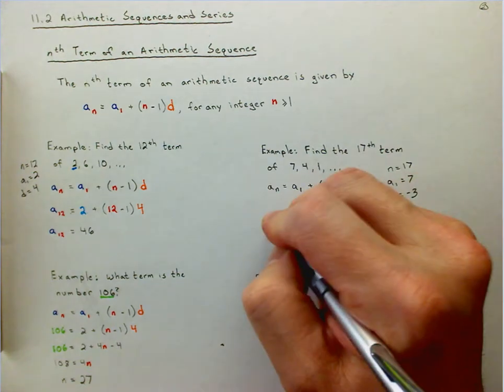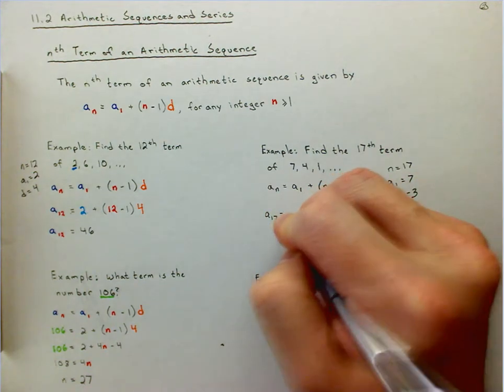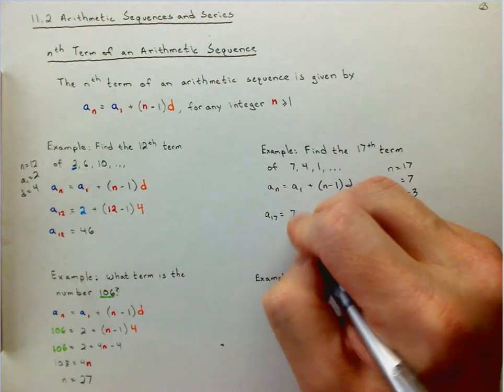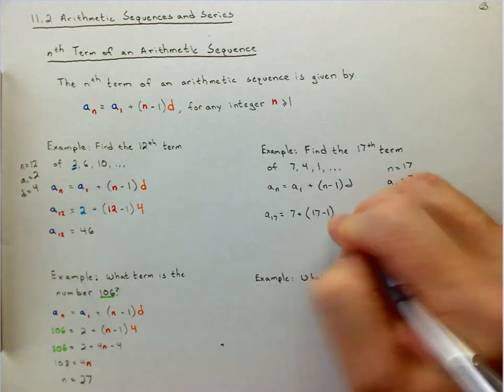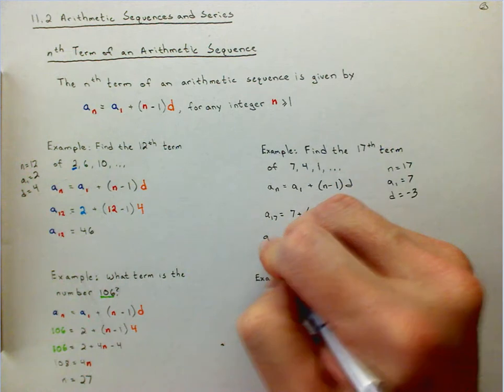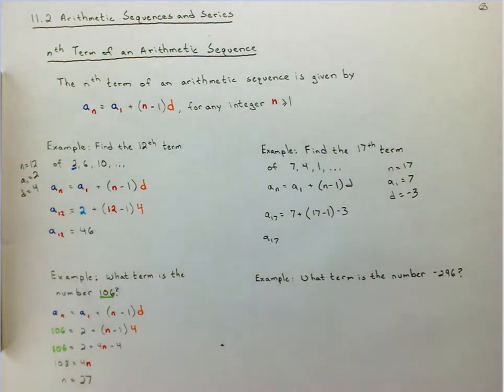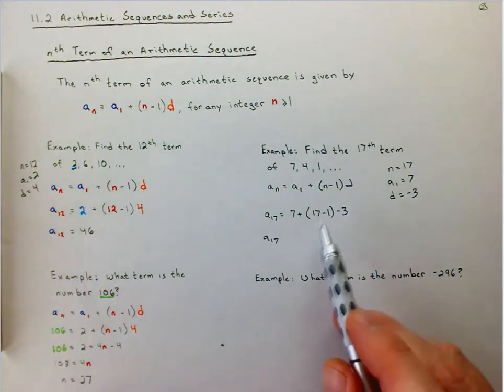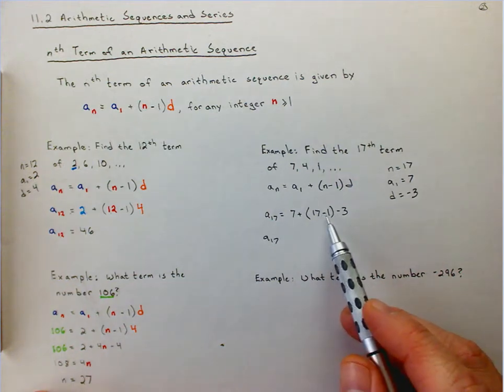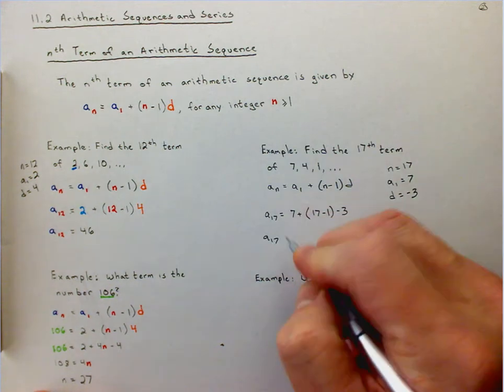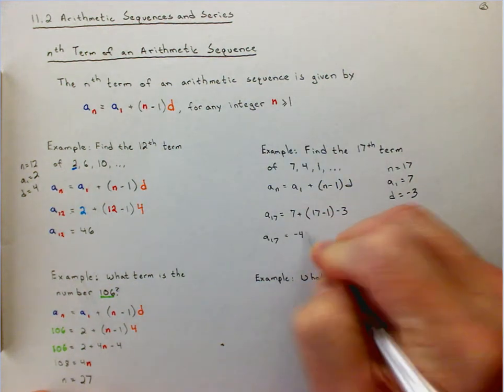Now I just plug it in there. Alright, that is 16 times a negative 3, so that's a negative 48, plus 7 equals a negative 41.